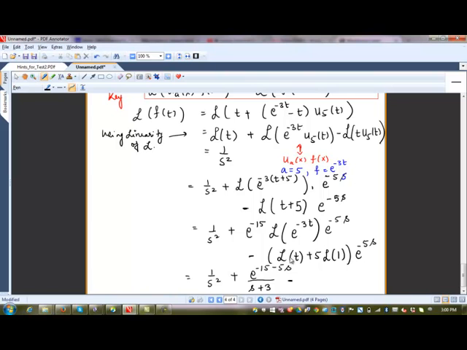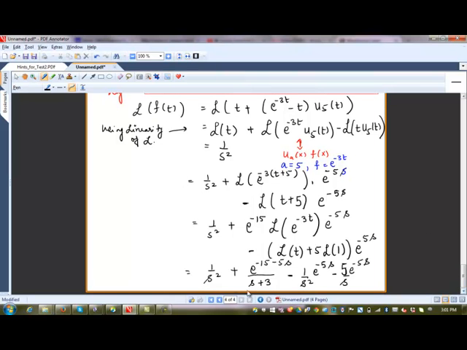And then minus the Laplace transform of t, which is 1 over s, e to the power minus 5s is outside, and minus the Laplace transform of 1, which is 1 over s, with the 5, so e to the power minus 5s. This is s, these are all s. So the Laplace transform of the function which we started out with is this. This is the answer.